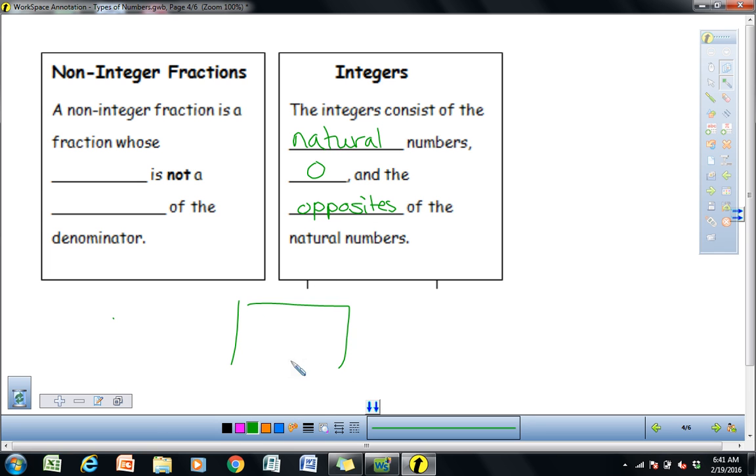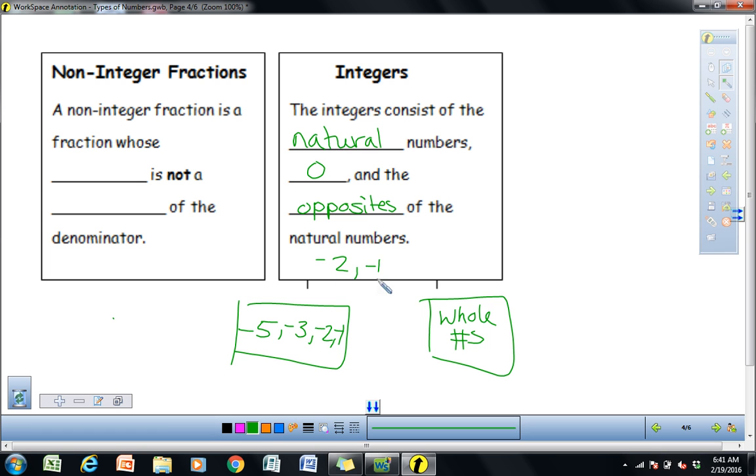In our boxes down here, integers are broken up into the whole numbers and our negative numbers, so the opposite of natural numbers. Examples of integers are -2, -1, 0, 1, 2. So 0 is a whole number and an integer. 1 is a natural number, a whole number, and an integer. And some more as we keep going up.